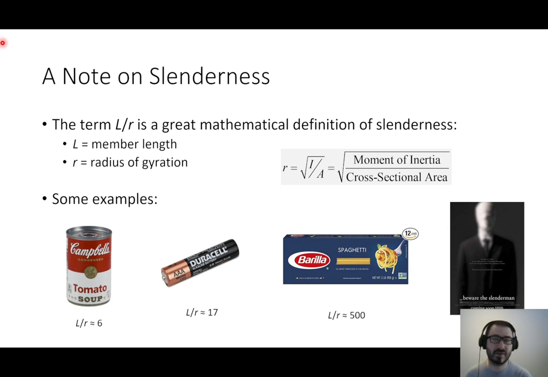If you've forgotten what the radius of gyration is, it is the square root of I over A, I being the moment of inertia and A being the area. If you want a simple definition, the moment of inertia is a quantity that describes how stiff a cross section is when being bent.